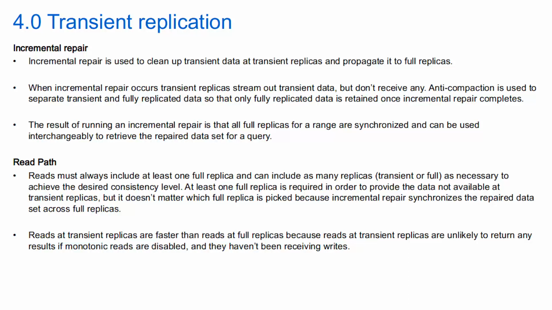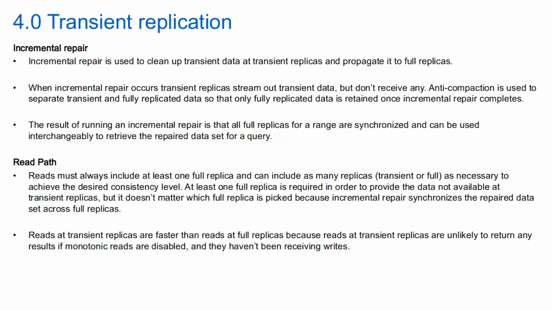The read path must always include at least one full replica. That's a very interesting change, and it can include as many replicas, transient or full, as necessary to achieve the desired consistency level. So it's essentially saying you must have at least one full replica to read from, and on top of that you can choose whatever you want.